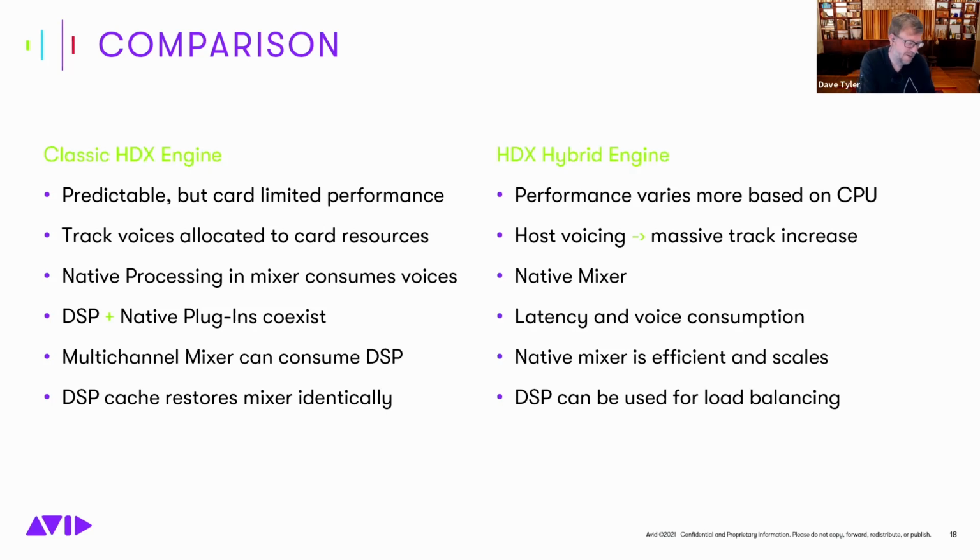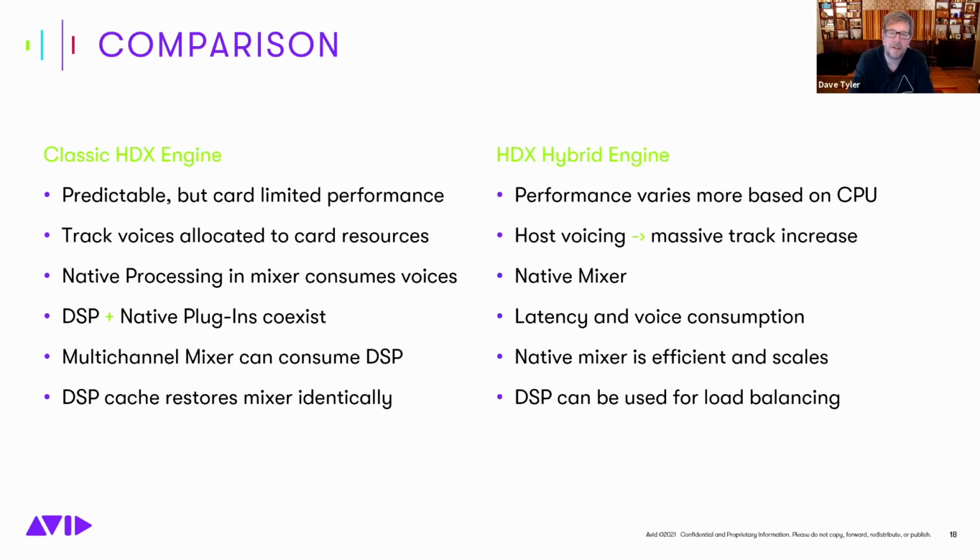So if I just switch back to good old PowerPoint for a moment, it's a summary of some of the pros and cons of working with HDX versus the hybrid engine. We've talked about this before, but what you get with the HDX Classic engine is predictable performance, but it's limited by the card in the ways that we talked about. Again, voicing is part of the hardware, so again it's a limitation.